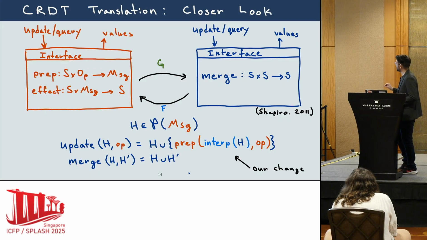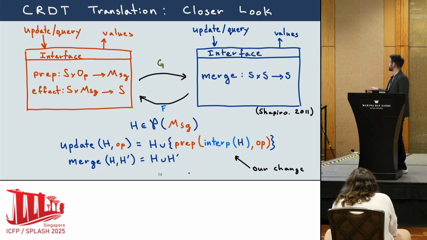We made a slight change from Shapiro's algorithm. Shapiro gave an algorithm from op-based to state-based and then one from state-based to op-based. We made a small change where we interpret the sets of messages into states on the fly.